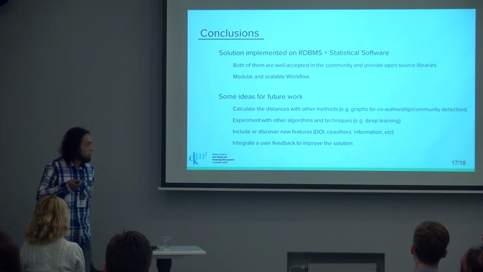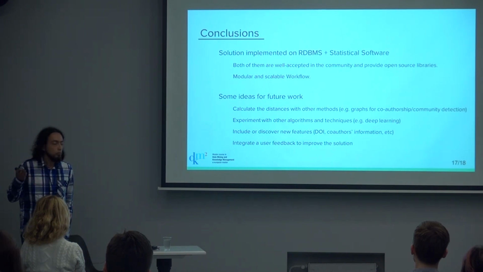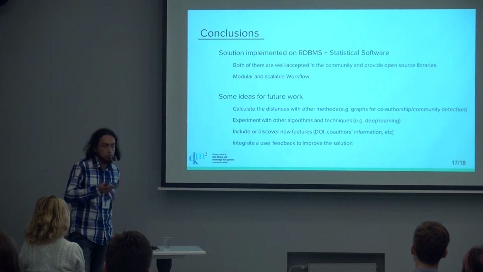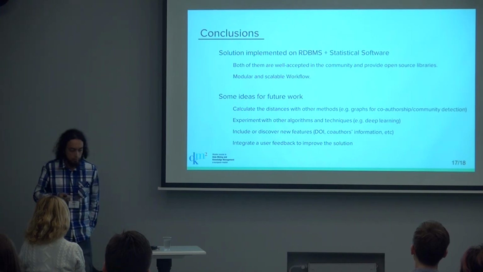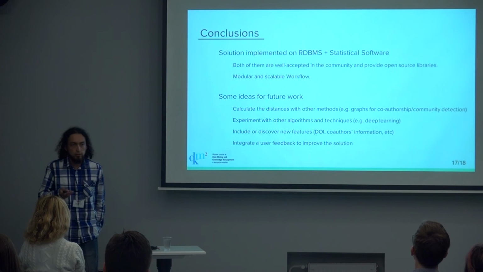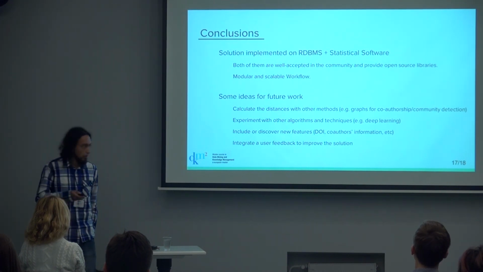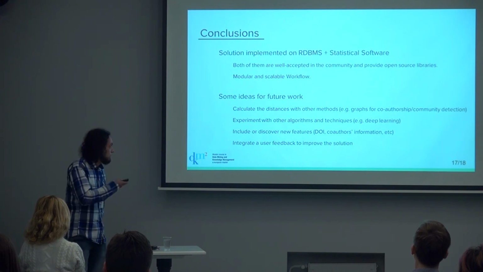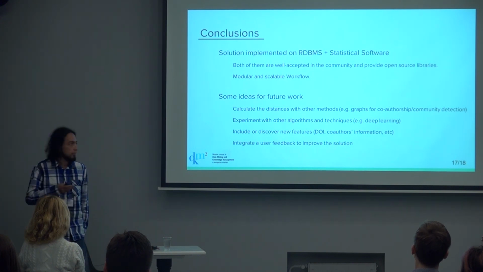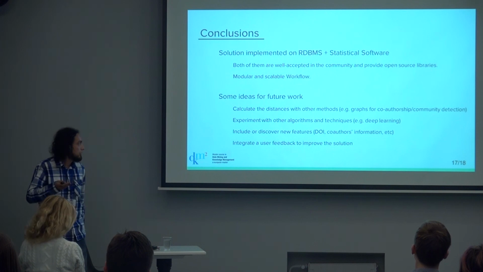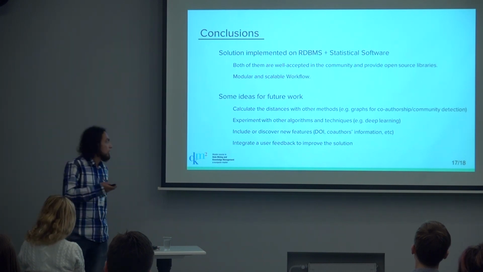And we use two well-known tools in this community, and this process is modular and scalable, so we don't have any problems. And for the future, we can calculate distance with other methods.